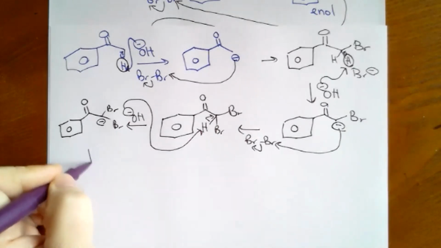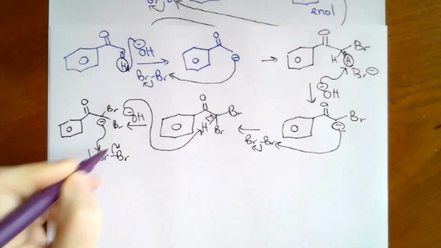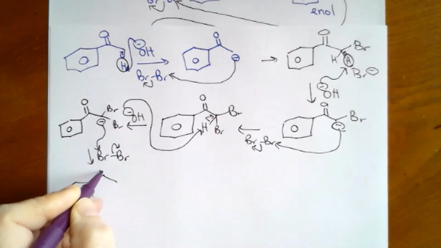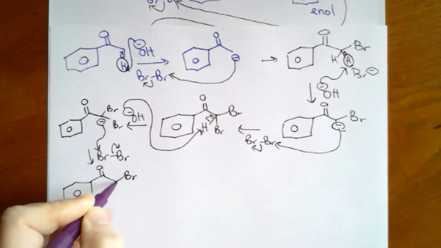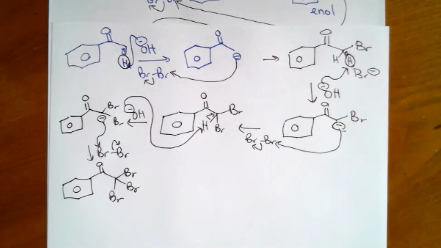And then attack Br2. So we really should specify that you need excess hydroxide and excess halogen, because in base, you're going to replace all alpha hydrogens.